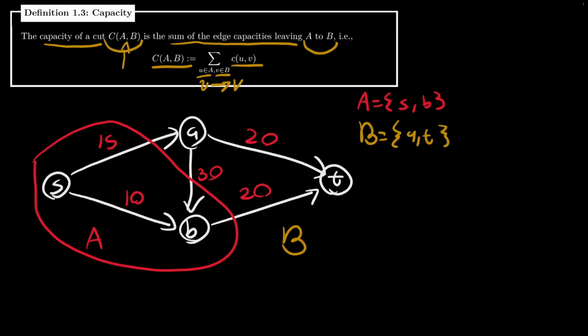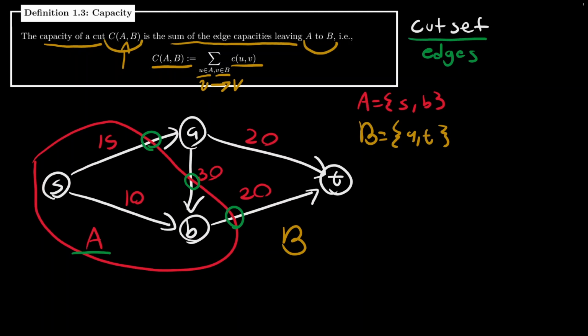Now, let's define also a cut set. So what is a cut set? These particularly are talking about edges. So we have this A here, so let's examine this A. Edges that are in our cut set are edges that cut across our partition. So these are cutting across our partition.